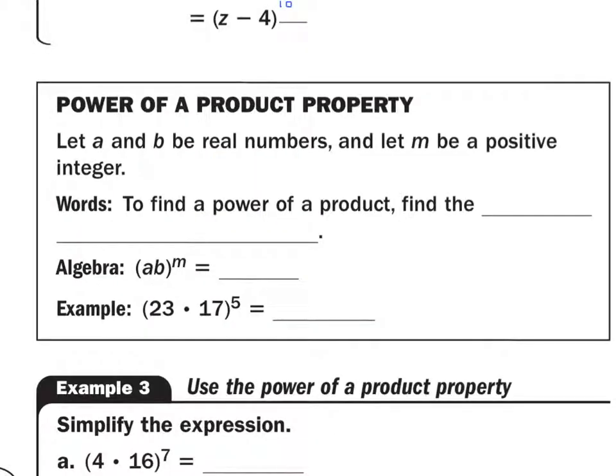And the last property for today is the power of a product property. So to find the power of a product, you're going to find the power of each factor and multiply.